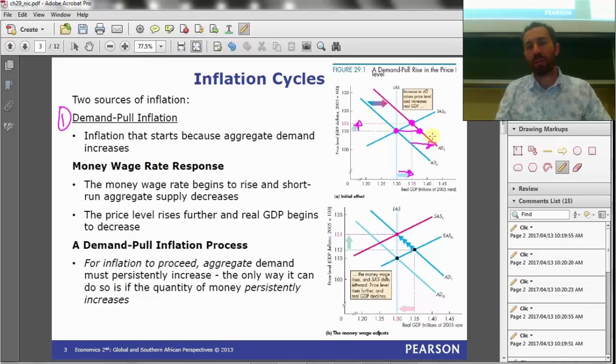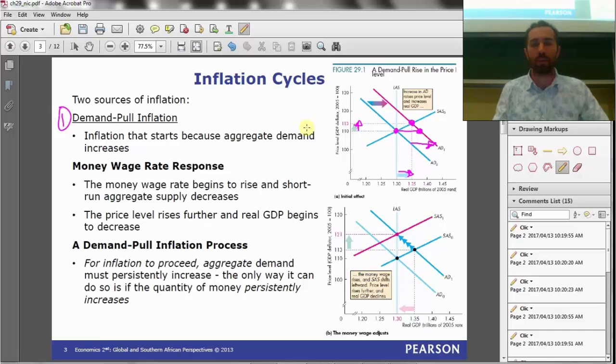Technically, it would need to be sustained over a period of time. And in fact, we'll see that if our aggregate demand curve shifts to the right and we have responses to that, well, we might well have a technical definition of inflation, which is to say prices increasing continuously. And that would be our demand pull inflation.